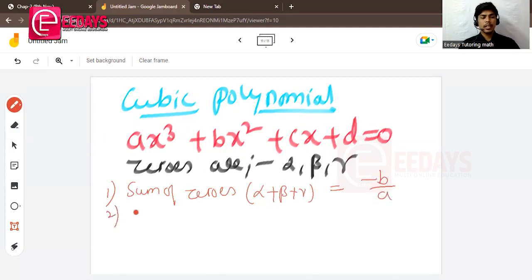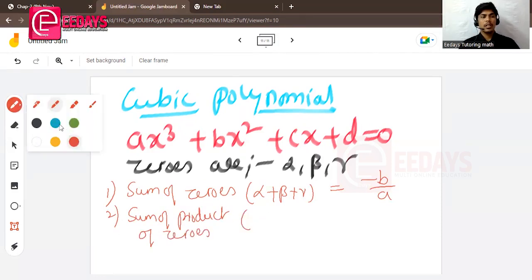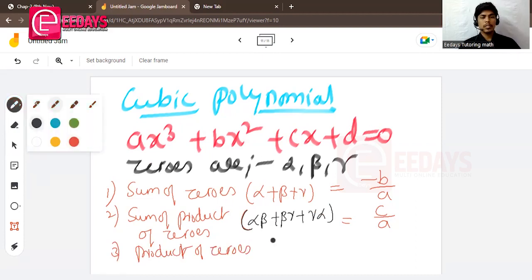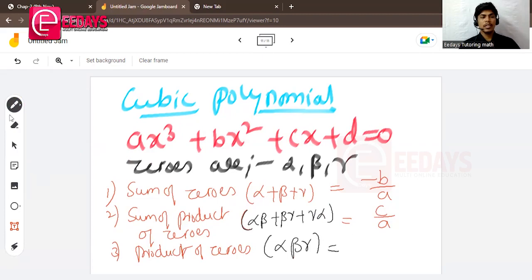And the sum of product of zeros, alpha beta plus beta gamma plus gamma alpha, is equal to c by a. Take the notes of the important points I'm writing here. Product of zeros, alpha into beta into gamma, is equal to minus d by a.